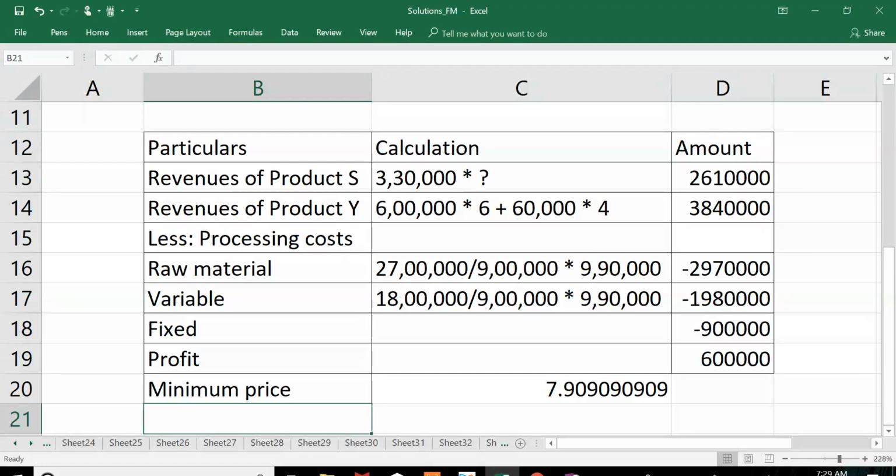We need a minimum price of 7 rupee 91 paise. ₹26,10,000 is the balancing figure for revenues of S. That 2610 divided by 330. 2610 is the balancing figure that you divide by 3,30,000.